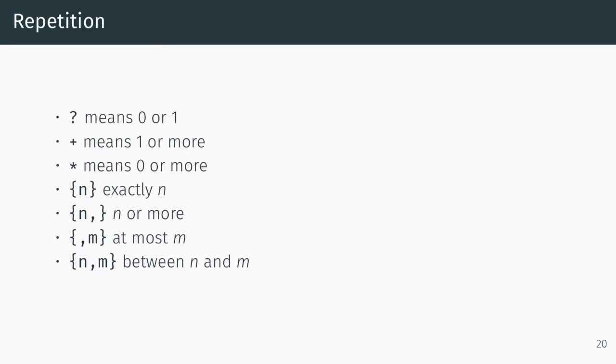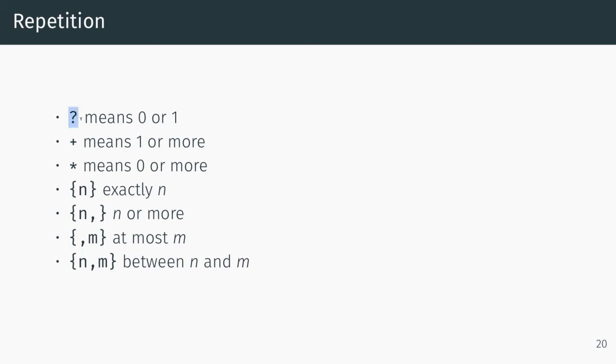Okay, and we can do repetition with question mark, plus, asterisk, or curly braces. And these are numerals, so exactly 1, exactly 2, 1 or more, at most 2, 1 to 3, something like that.